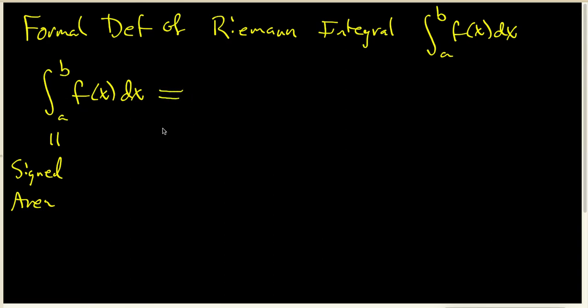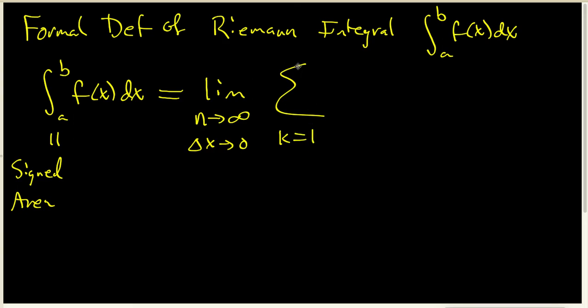Riemann's definition says that this thing, the signed area defined by that set of symbols, is going to be the limit as the number of rectangles gets big and their widths go to 0 of the sum as k goes from 1 to n, not 1 to infinity, from 1 to n. Sorry about that.